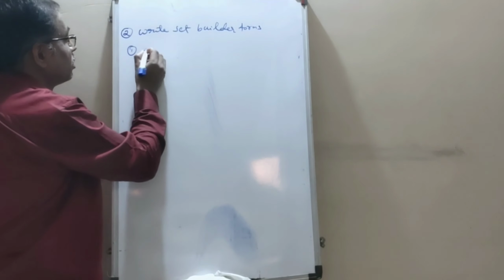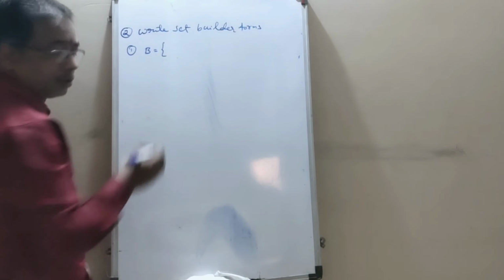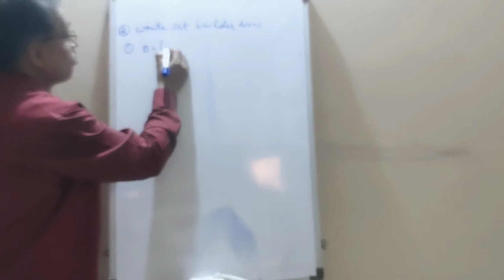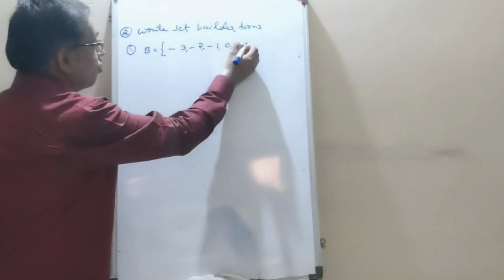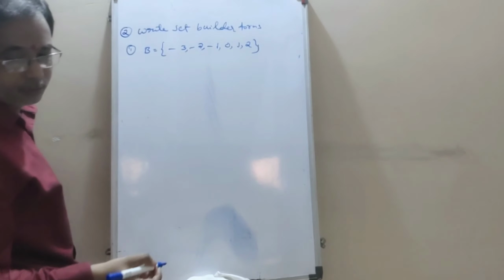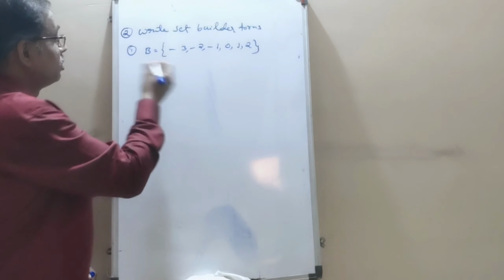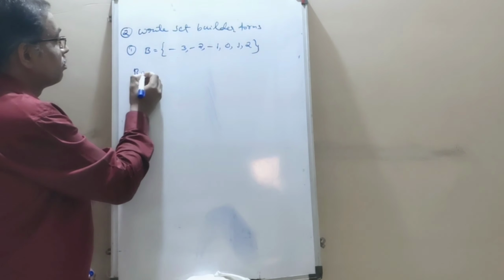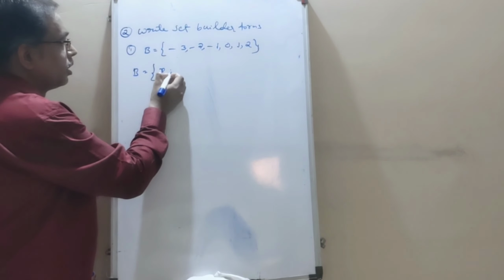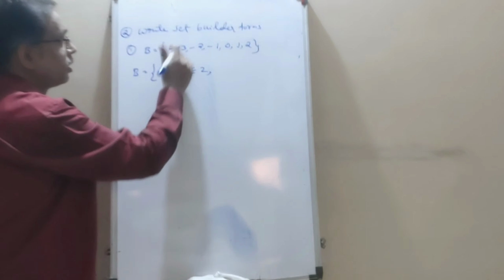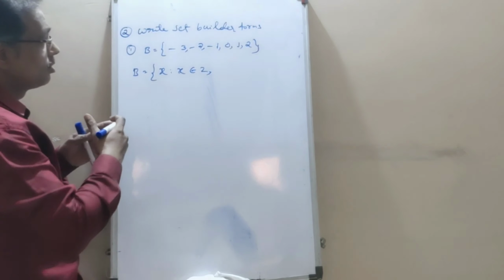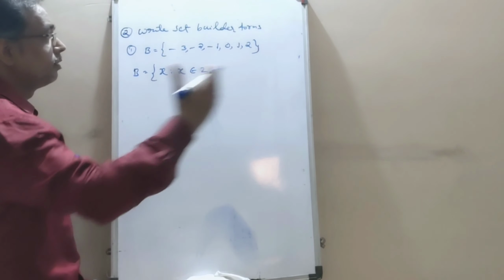The first one is B equal to the set {-3, -2, -1, 0, 1, 2}. This is actually a set of integers only. x such that x belongs to Z, but here x has a range. It starts from -3 and ends with 2.